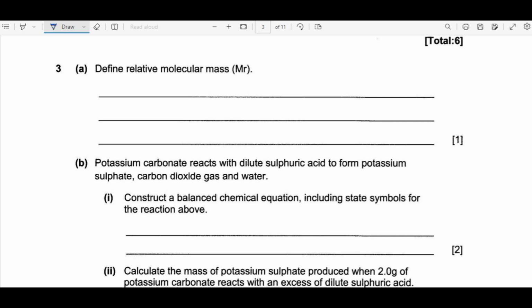Then we move on to question 3. Under question 3, we are asked to define the relative molecular mass, which is the one we refer to as Mr. So how do we define the relative molecular mass?